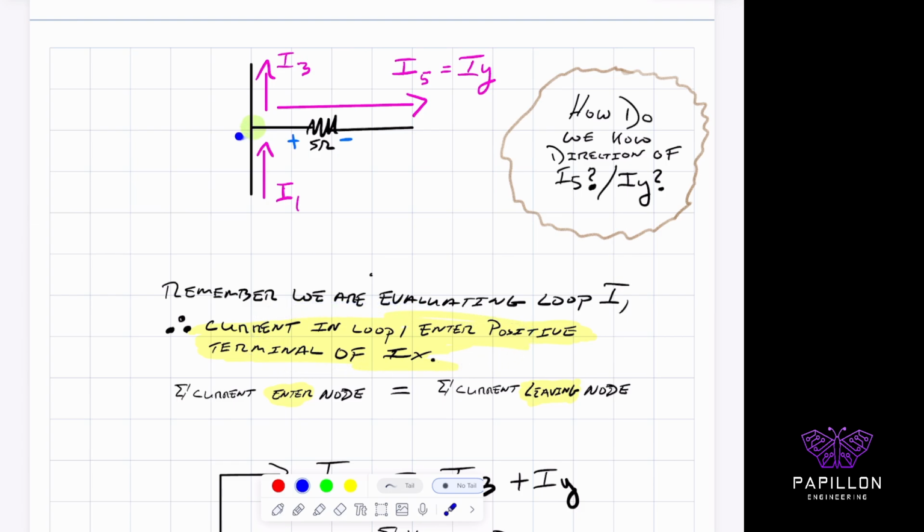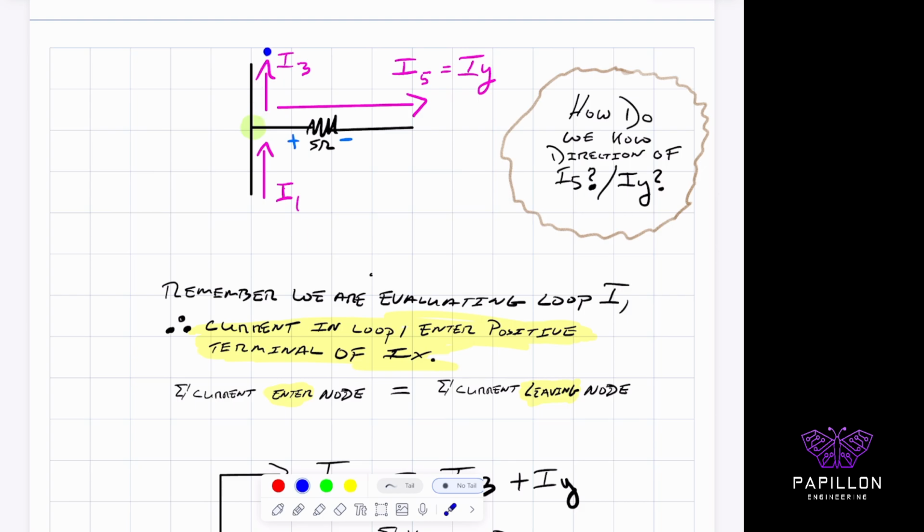So if we evaluate this node, I'm 100% sure that I1 is entering this node. Why do I know 100%? Because I said it's going clockwise, so clockwise forces it to go up into this node. Everything I do is clockwise, so at this node, I3 is generating a loop in a clockwise direction.